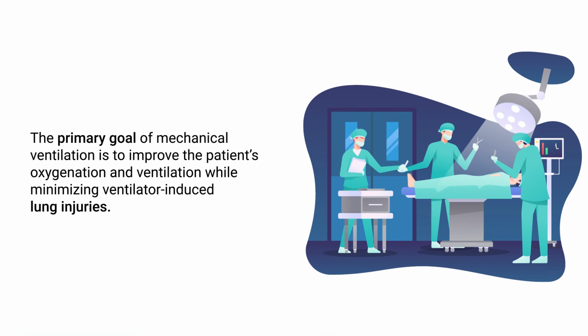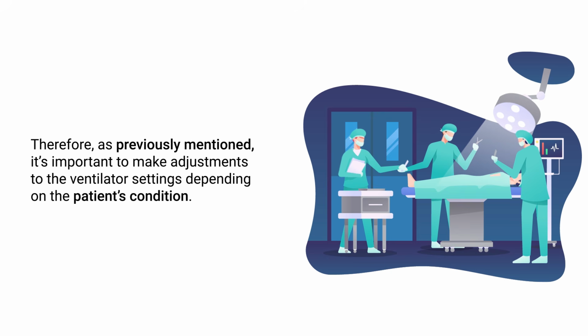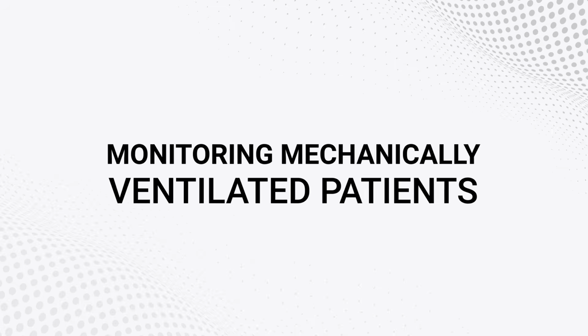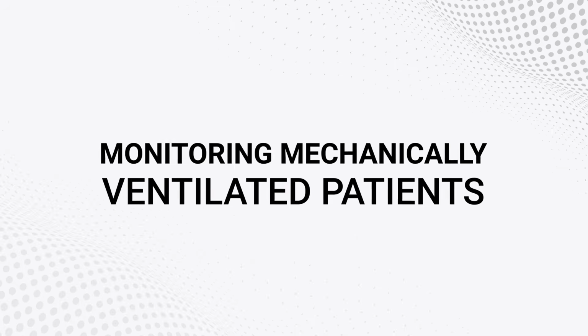The primary goal of mechanical ventilation is to improve the patient's oxygenation and ventilation while minimizing ventilator-induced lung injuries. Therefore, as previously mentioned, it's important to make adjustments to the ventilator settings depending on the patient's condition. And another part of ventilator management is monitoring mechanically ventilated patients.